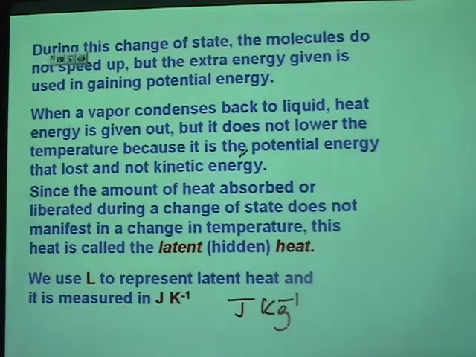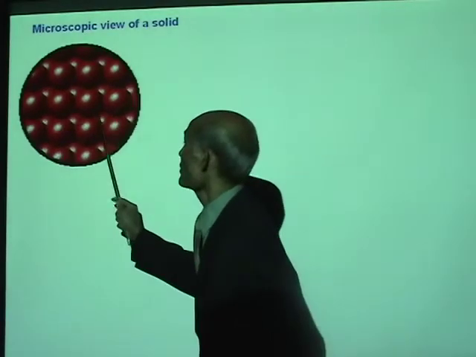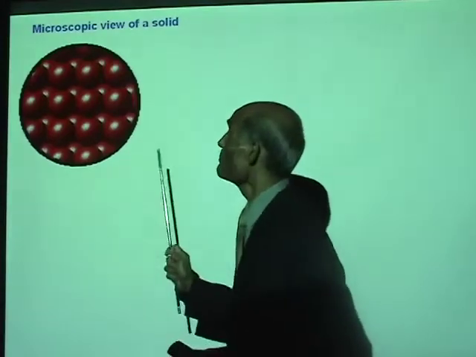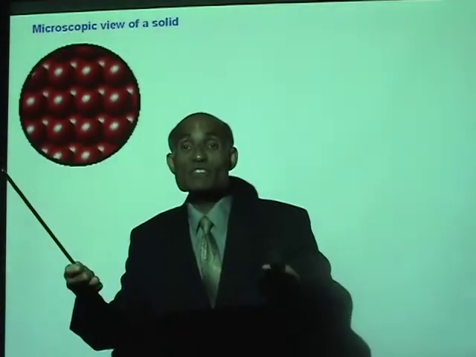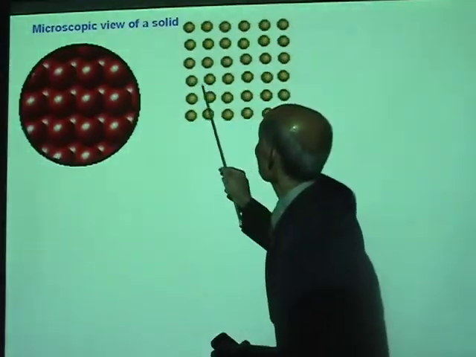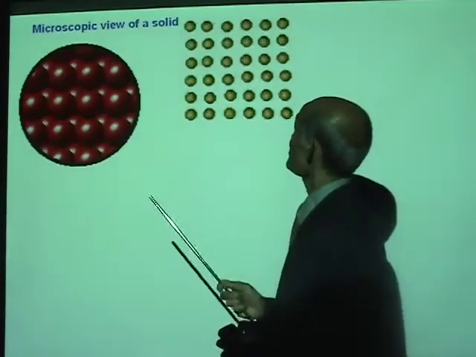Alright, let's now go back to our slide. Now, let's see the microscopic view of a solid. Look at this. In a solid, the molecules simply vibrate, and when you supply heat, the vibrational energy increases, the temperature increases. That's how the molecules behave in a solid.